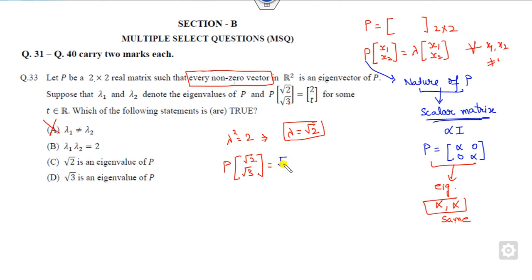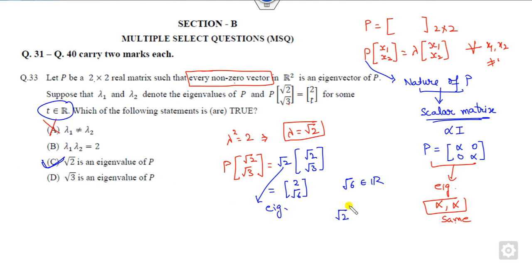Is it possible? Yes, it is nothing but 2, and this is root 6, and small t belongs to R, so root 6 is in R, hence this is an eigenvalue. So that's true. One eigenvalue is root 2, both the eigenvalues are the same, the other value is also root 2, so the product is 2. That's also the correct answer.